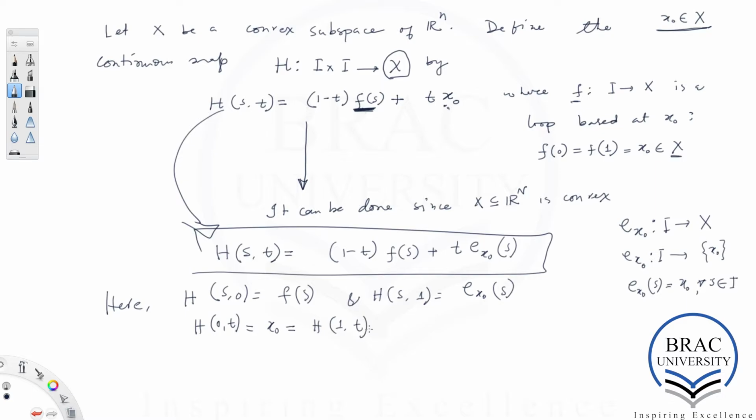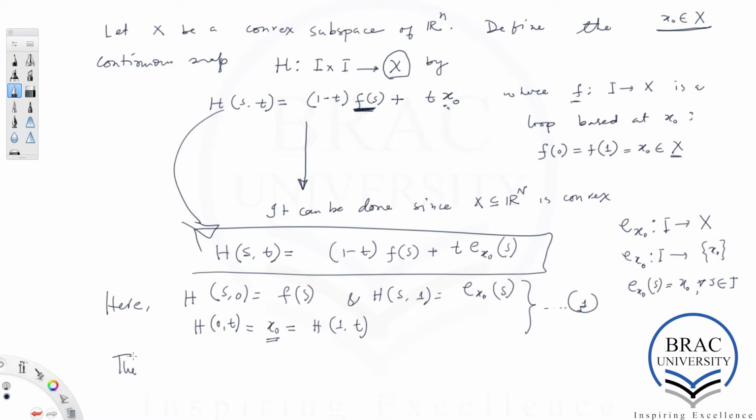You immediately see that, right? Just plug in s to be 0 here and use these facts to find that H(0, t) is x0. Similarly, H(1, t) is x0. This is our equation number 1.